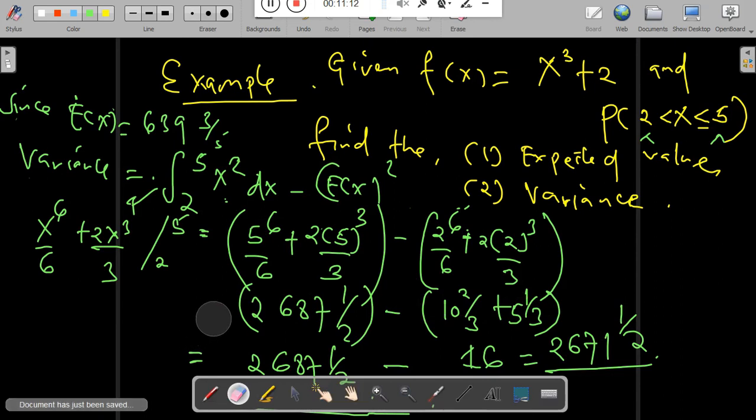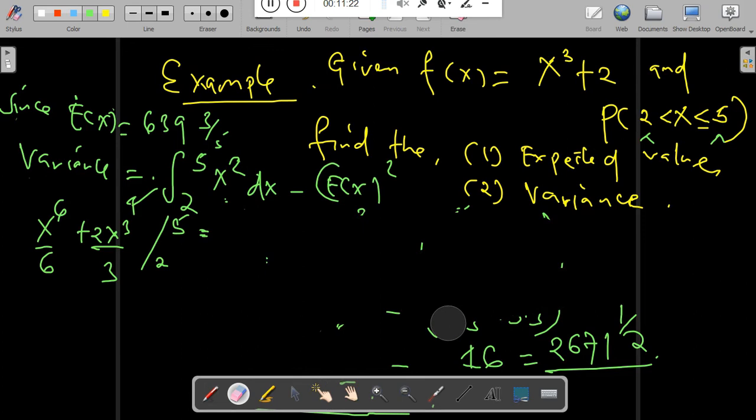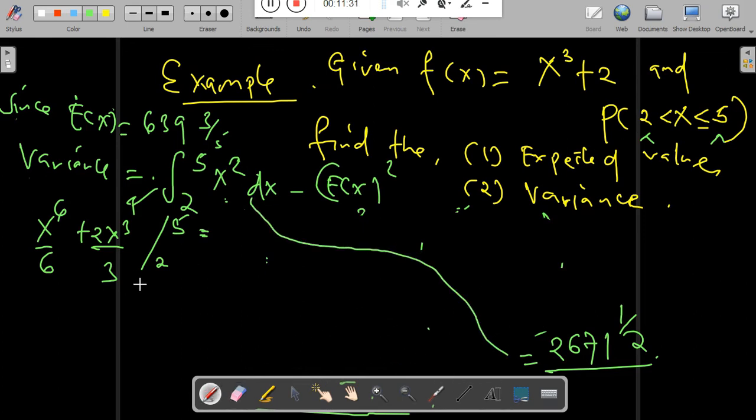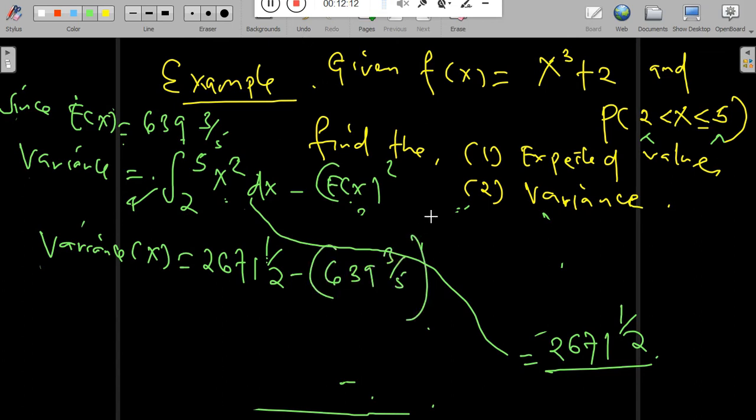Now let us plug into the variance formula so that we can obtain the value of the variance, since we have the integral with limits 2 to 5 of x squared f(x) dx. So the variance of x will be equal to 2067 1 over 2, then we minus 603.93 over 5 raised to the power of square, since that is the expected mean.